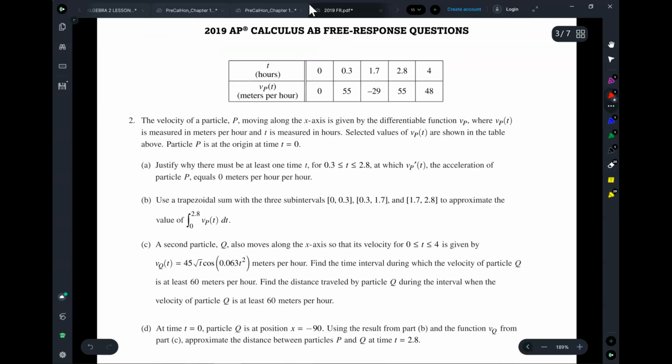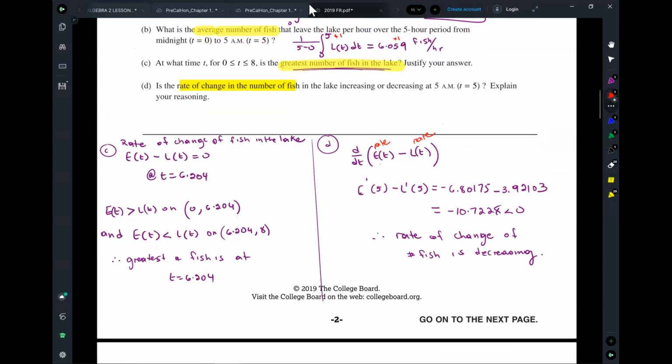This is like the one we had done yesterday. Let me tell you about points here. There is one point to show where they're equal to each other, 1 point for the answer and 1 point for the correct justification. If you get 6.204, you got your 2 points, and even if you mess up on the wording, you can get 2 out of the 3 points here.